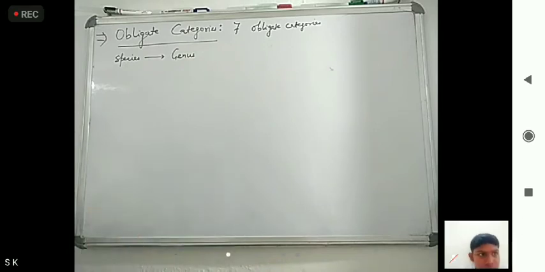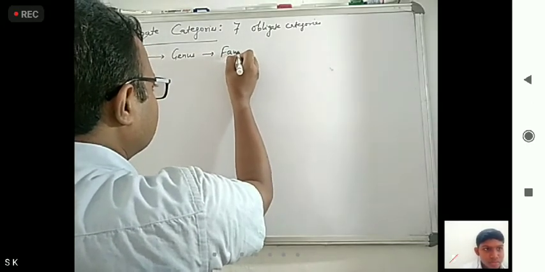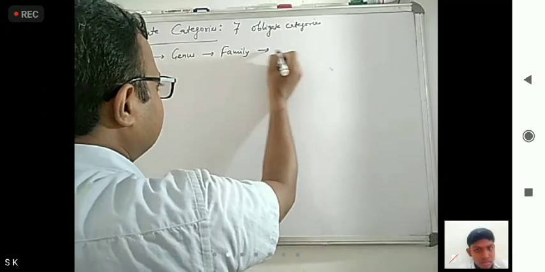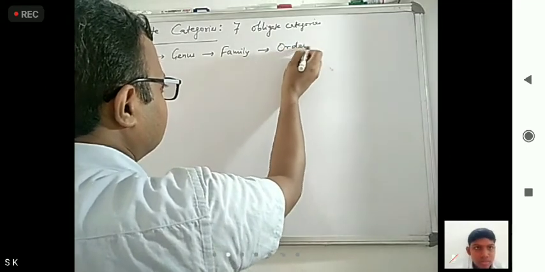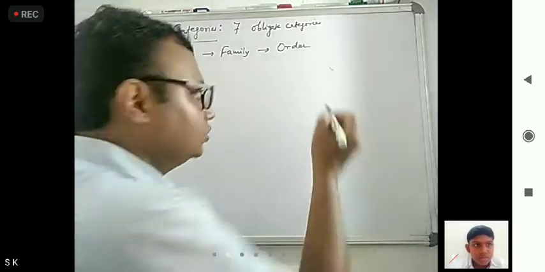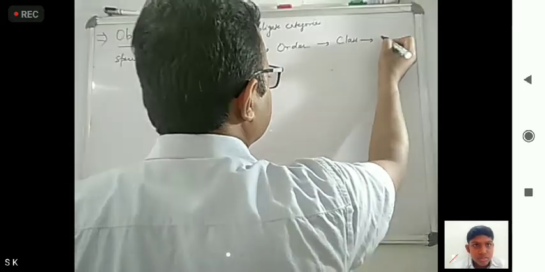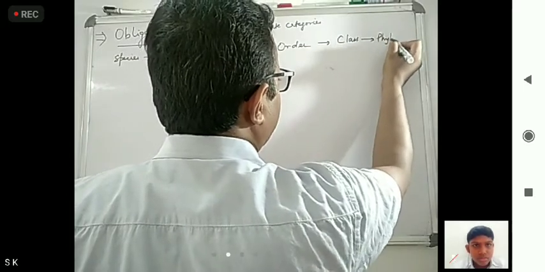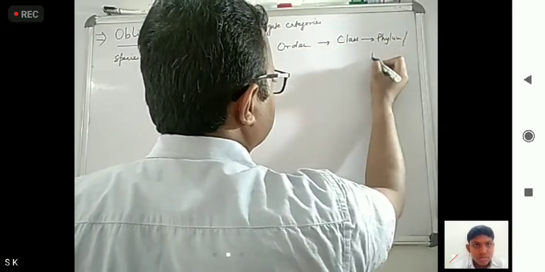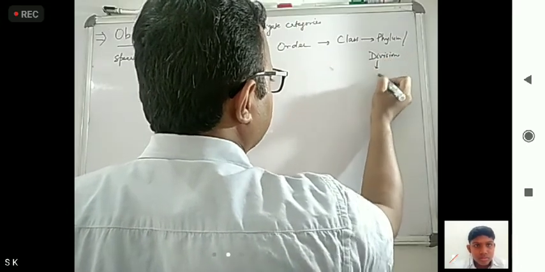So species, genus, then family, then order, then class, then phylum or division, and finally kingdom.